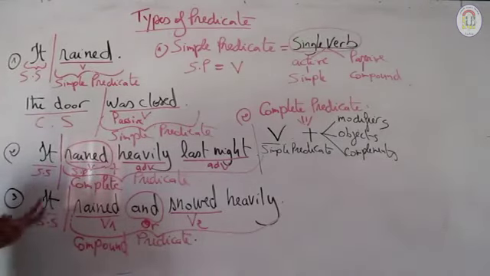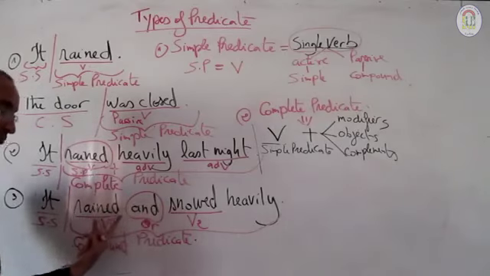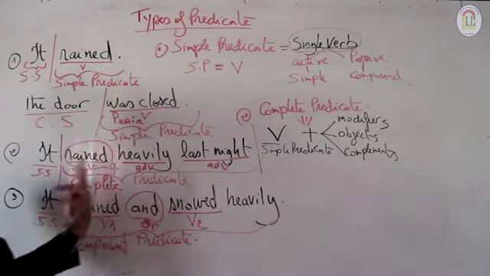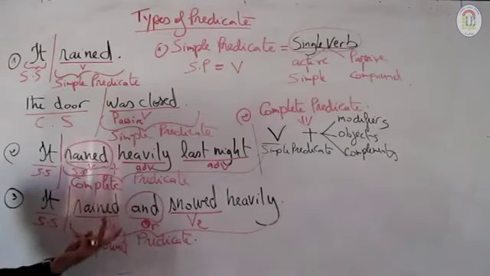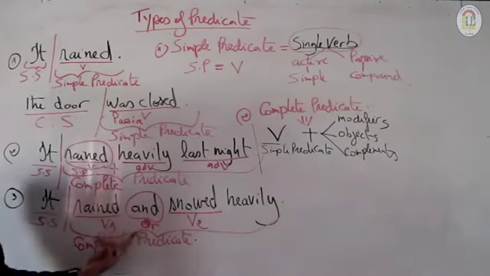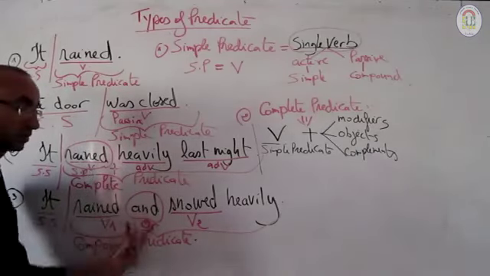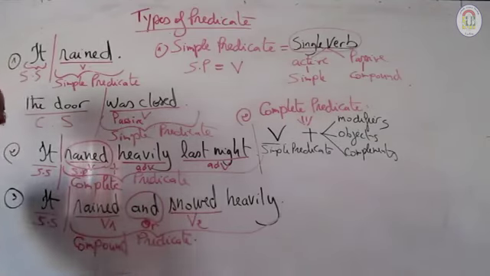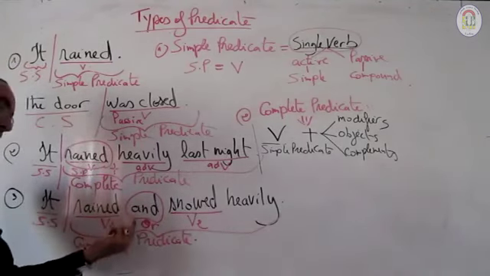A compound predicate consists of two verbs or more, or we say two simple predicates or more, joined by usually and or.